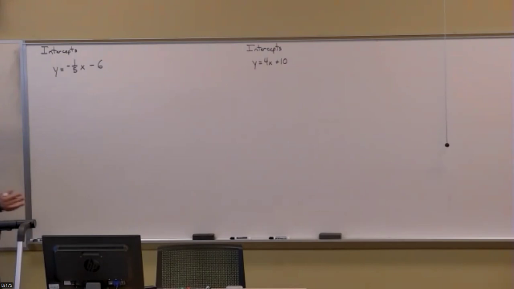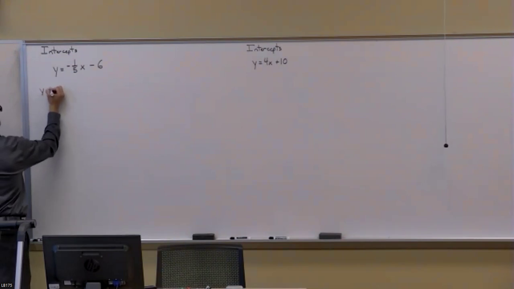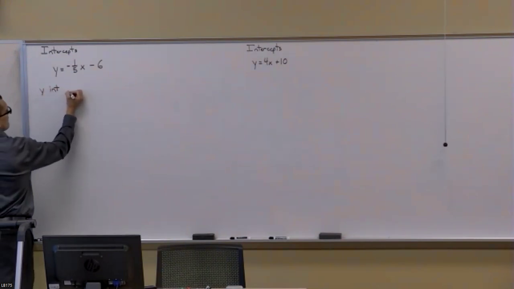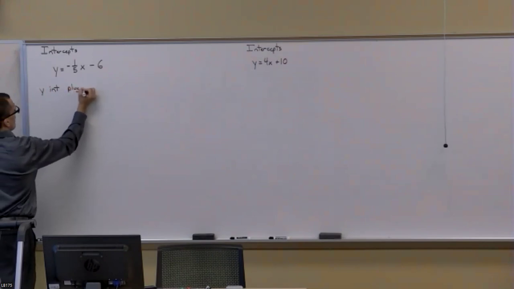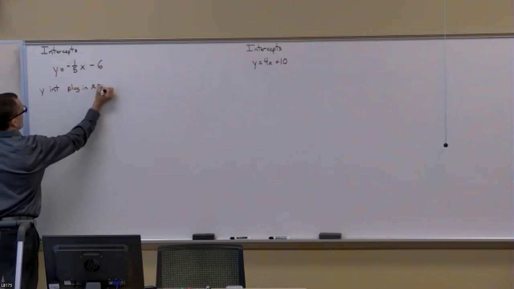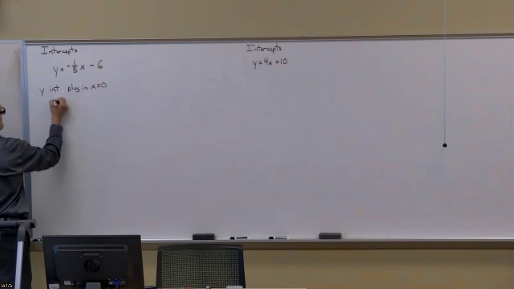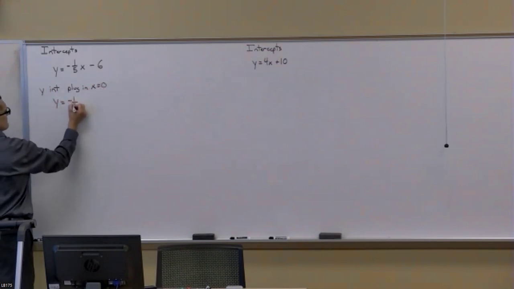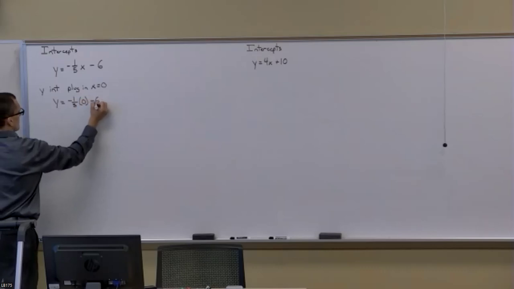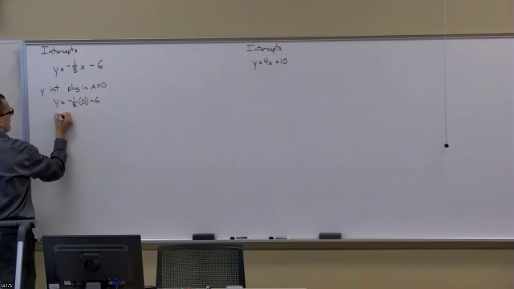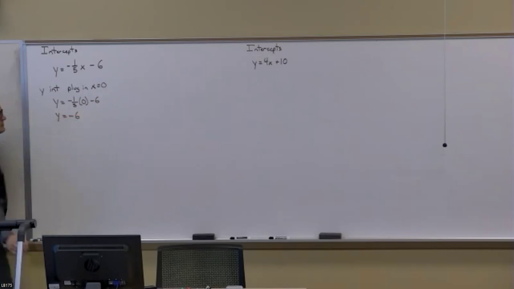All right. Well, first off, both of these are in slope-intercept form. So I know the y-intercept just by looking at it. If you wanted to plug in 0 for your x value anyways, you see the y-intercept is always this number here when we have slope-intercept form, right?